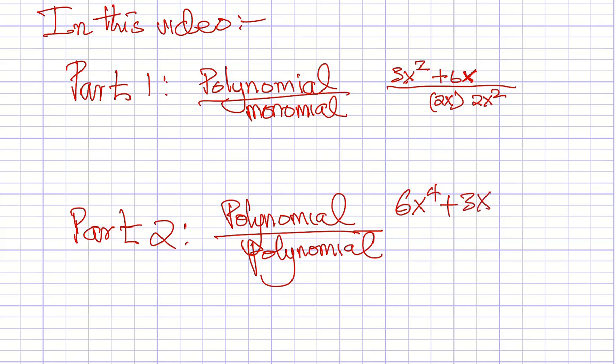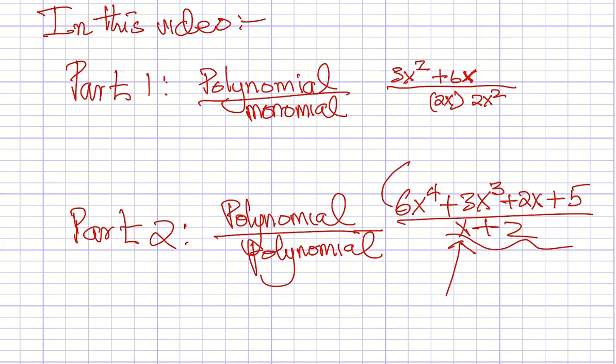I'm making up stuff. 3x raised to the power 3 plus 2x plus 5 divided by something like x plus 2. So notice that this is called a binomial, and this is a polynomial. So we're gonna deal with something like this.